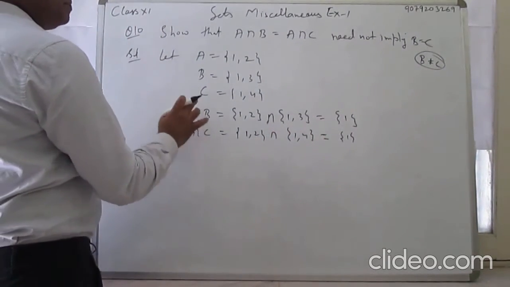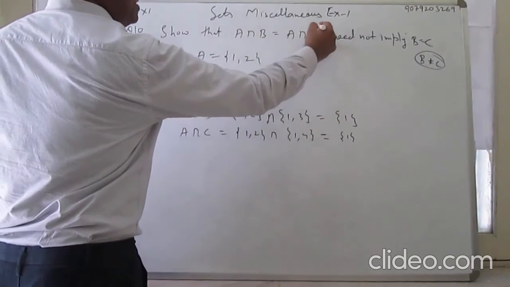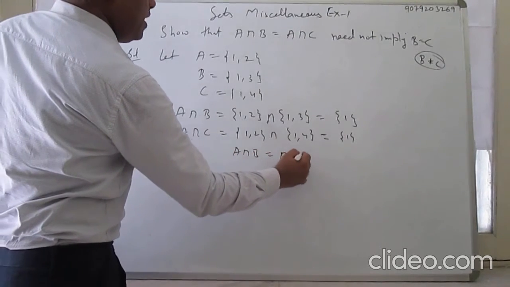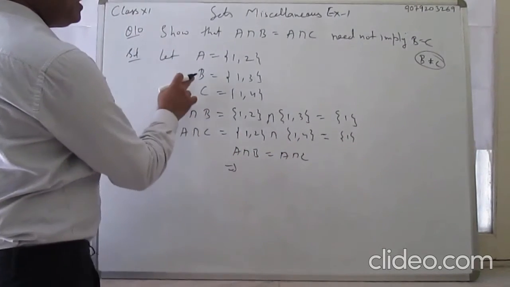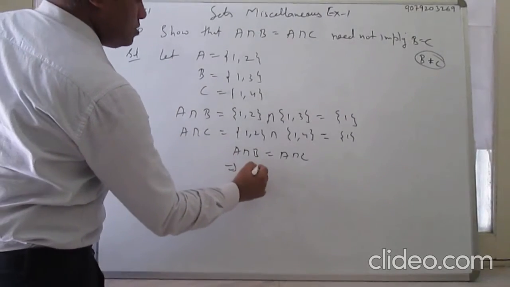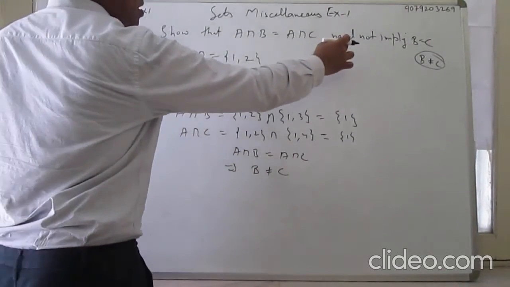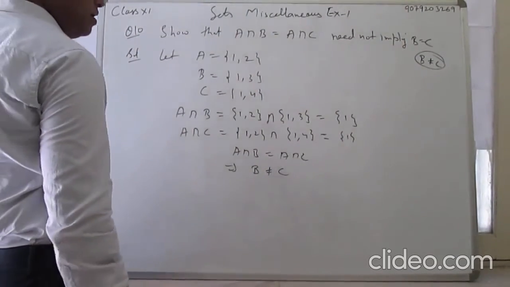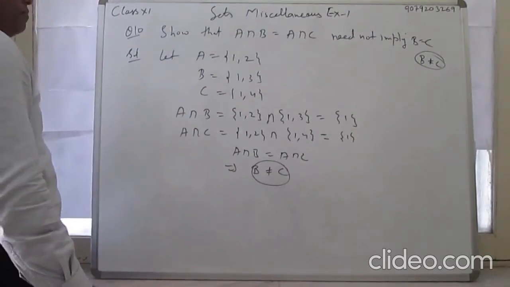So A intersection B is equal to A intersection C. Now here B and C are not equal. It is not necessary that B is equal to C for this to hold; even if B is not equal to C, it is still equal.